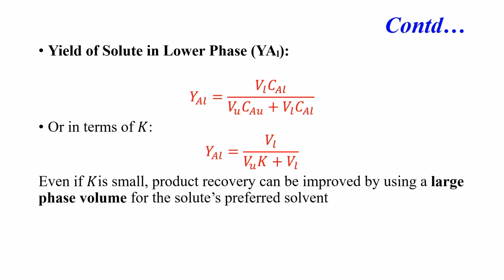In a similar manner, the yield absolute in the lower phase can be calculated. Finally, YAL will be VL upon VU K plus VL. So, we will see what is the effect of this VU upon VL ratio.